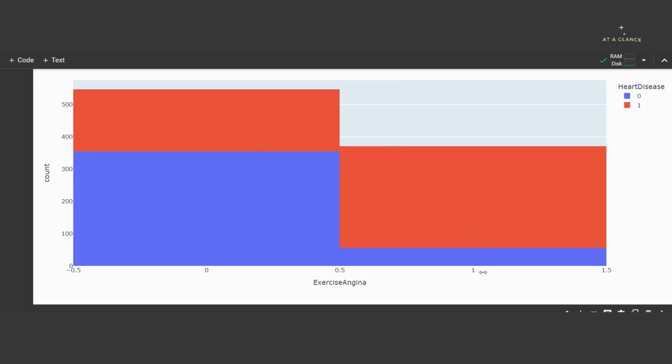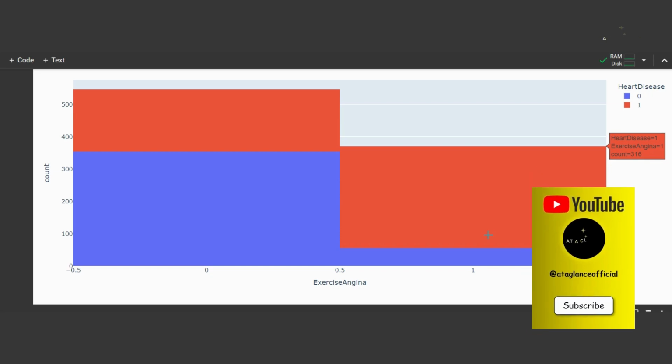If you move on to the next, where the exercise-induced angina is present in the patients, here we can clearly see that if the patient is having exercise-induced angina, then the patient is going to have high chances of getting heart disease. So this is the conclusion that we can make by looking at this histogram. I hope this clears the relationship between exercise angina and the heart disease column. And also, the summary is clear to you all.